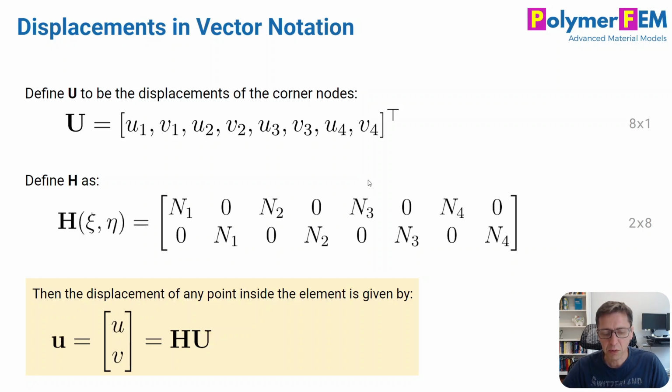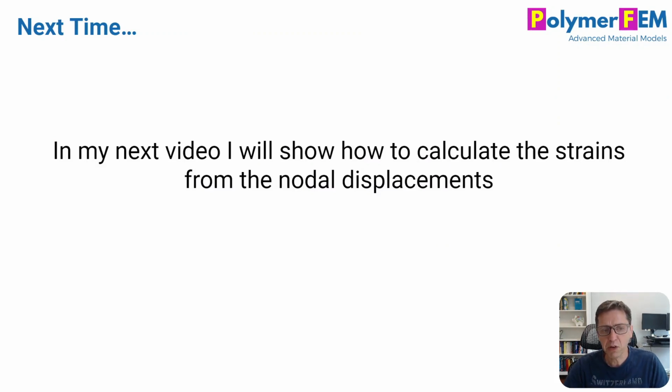By defining it this way, I can calculate the displacement of any point that's specified by natural coordinates xi and eta using H and U. So capital U is the nodal displacements, H is this matrix that depends on xi and eta, and lowercase u is then the displacement of the point that is determined by xi and eta. So that's how you can calculate displacements from this mapping using shape functions. And that's really what I want to focus on here.